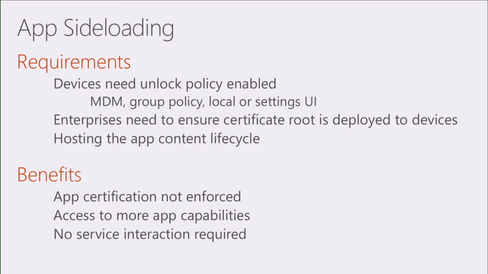So they might want to use some restricted capabilities. For example, I just showed you an app that could uninstall other apps. That's not allowed in the Windows Store. You don't have that in the Windows Store for Business app. But because it's a side-loaded app, as you saw, I can use that restricted capability. I can look at every app that's installed in the system. I could install one. I could uninstall one. I could do other kinds of restricted capabilities.